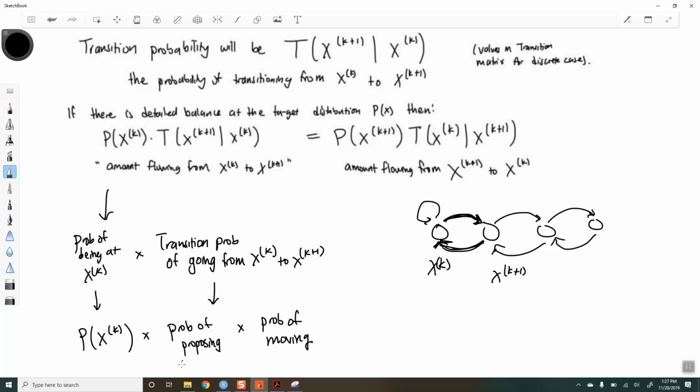Right? So the probability of proposing is going to come from our g of x. This is xk plus 1 given xk. So if you're at island 3, what's the probability of proposing island 4, okay? And then the probability of moving, which is going to be like using the Metropolis algorithm or Metropolis Hastings algorithm. It's the minimum between 1 and the p proposed divided by p current.